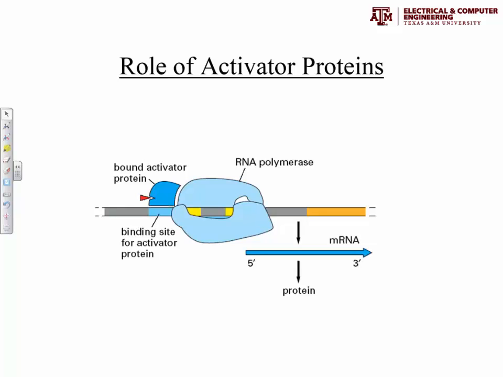In fact, I mentioned some time ago cyclic AMP. Does anybody remember what that was? Cyclic AMP is a signaling molecule that can activate things. When you see cyclic AMP, that is a low energy signal. So that can signal to the cellular machinery that you need to start transcribing genes that are going to break down sugars.